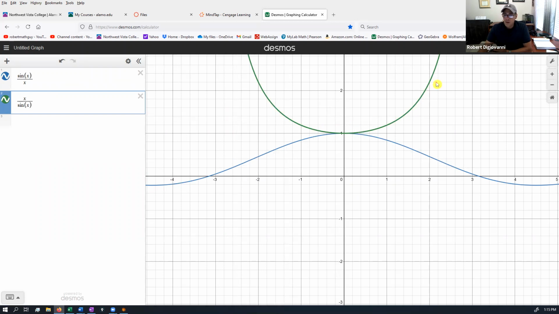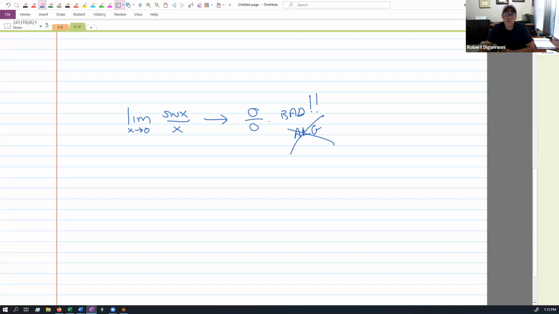When I've told you that if you get 0 over 0, you want to try some algebra, what I'm saying is that if you get the limit as x approaches 0 of sine x over x, we know that gives you 0 over 0. We know that's bad, and we know that we need some algebra. I'm telling you right now that there is no algebra you can do.